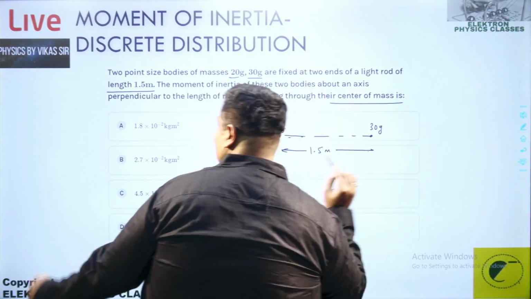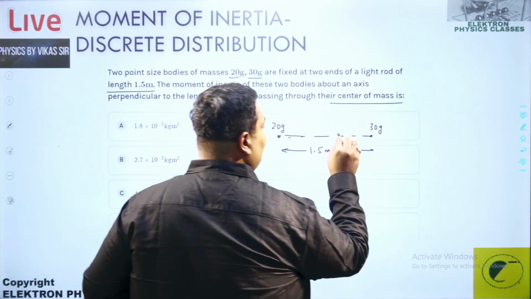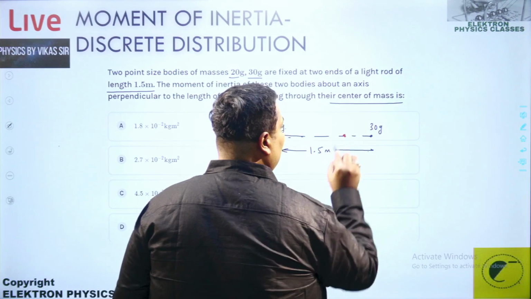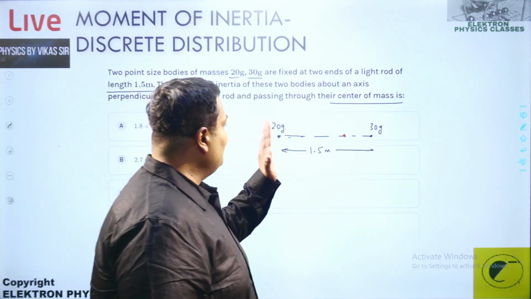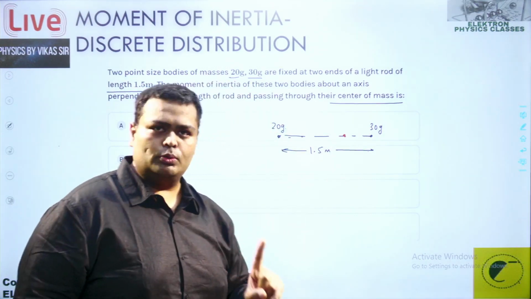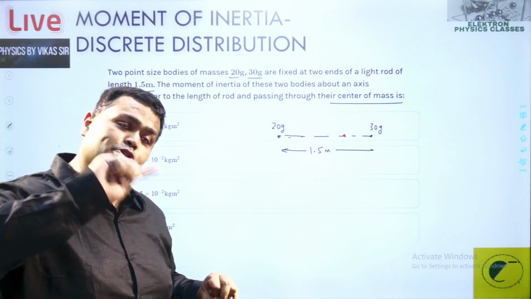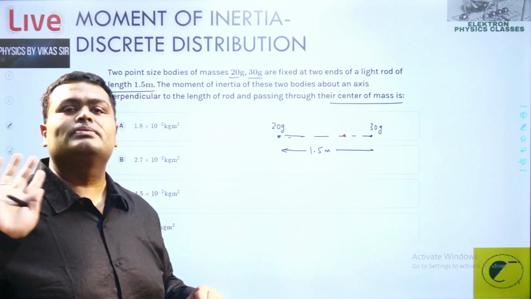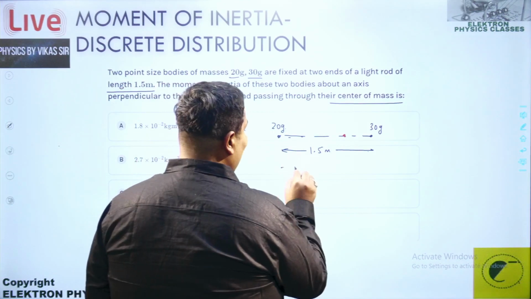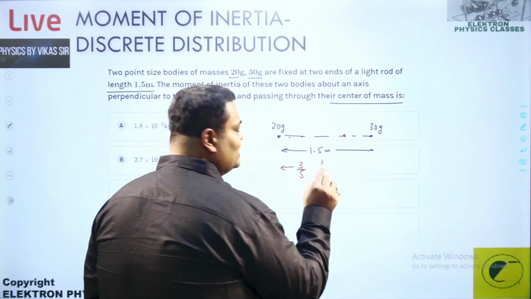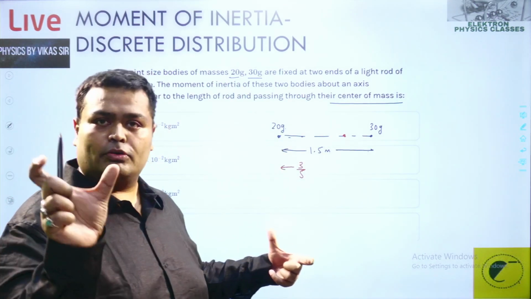So where is going to be the center of mass, my friends? The center of mass is going to be over here, closer to the heavier particle. The ratio of the masses is 2:3, so the distances should be in the ratio 3:2, reverse. That means this distance should be 3/5, since the total parts is 5 and this is 3 parts of that 5.